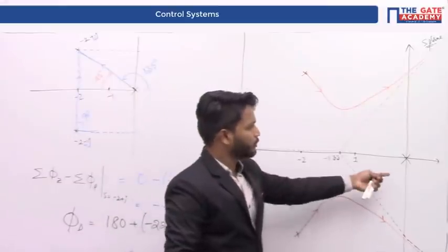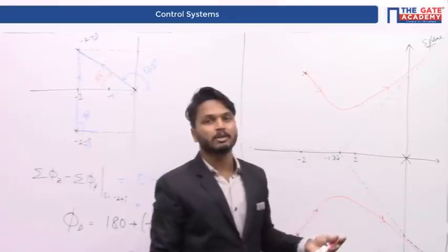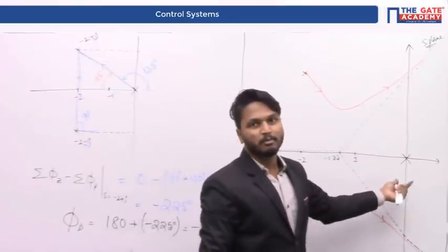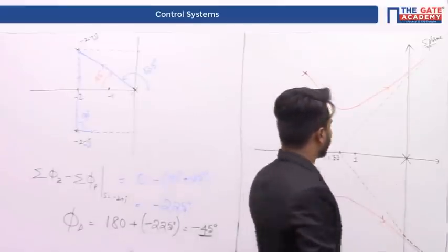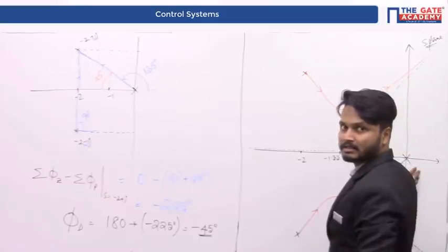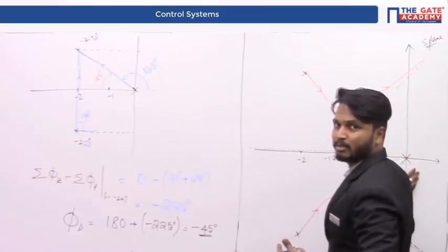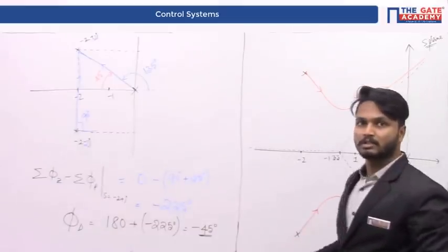And what about this pole? So it is a pole on the real axis. On the real axis, root locus exists only to the left of odd numbered critical frequency or odd numbered corner frequency. Therefore, this is the only critical frequency on the real axis. That is, its number is 1. So don't confuse its number with its location.